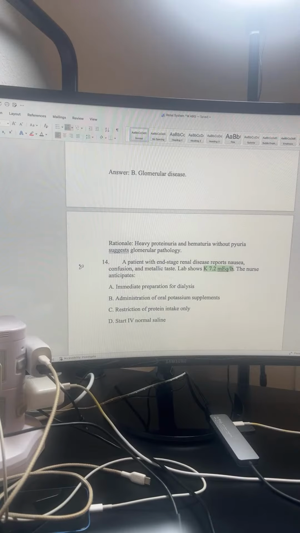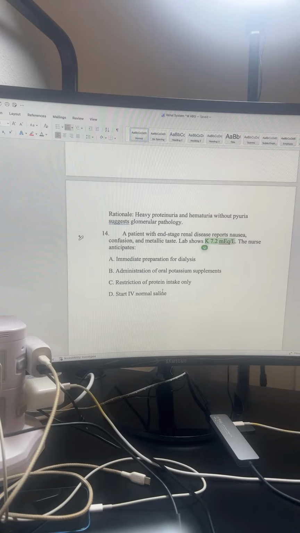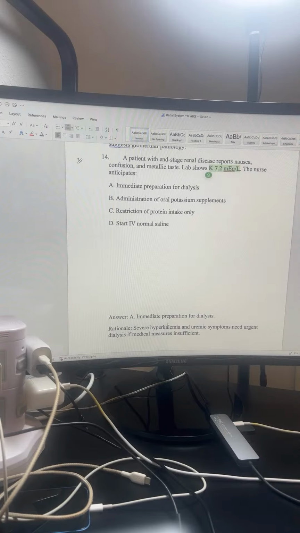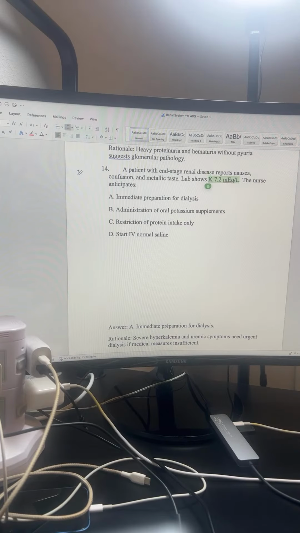What is this patient at risk for? Cardiac arrhythmias, definitely. So you want to get this patient over to dialysis. Severe hyperkalemia and uremic symptoms need urgent dialysis if medical measures are insufficient.